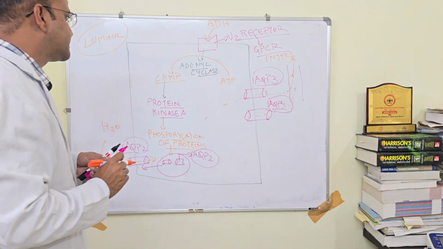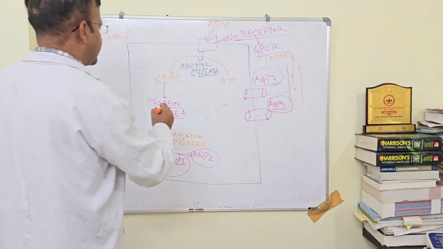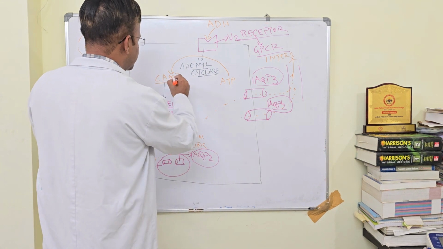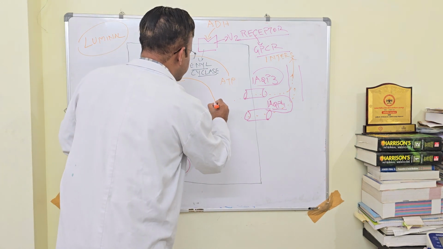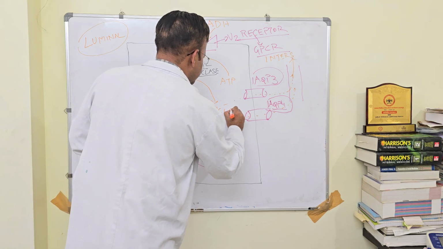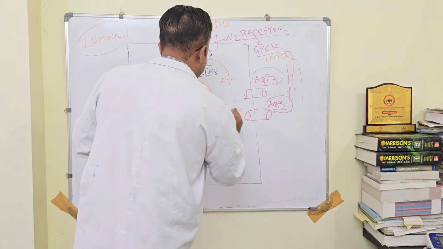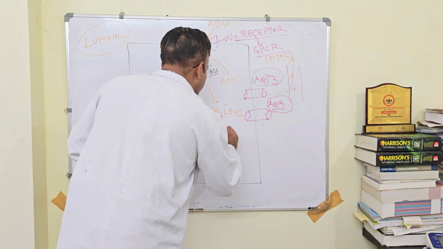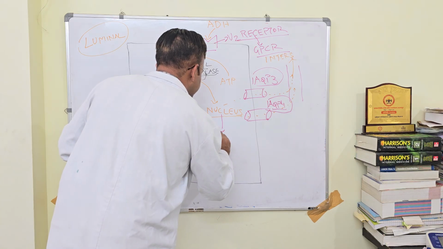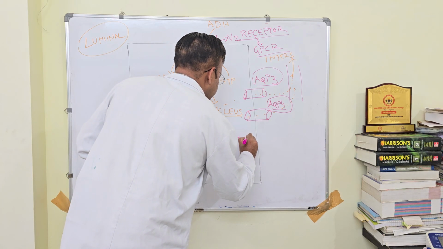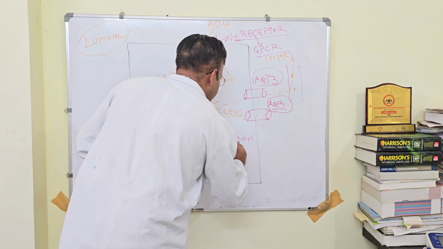Apart from that, this protein kinase A, this cyclic AMP to be in particular, will act on the nucleus, and it will increase the formation of aquaporin 2 channels, the formation of AQP2.